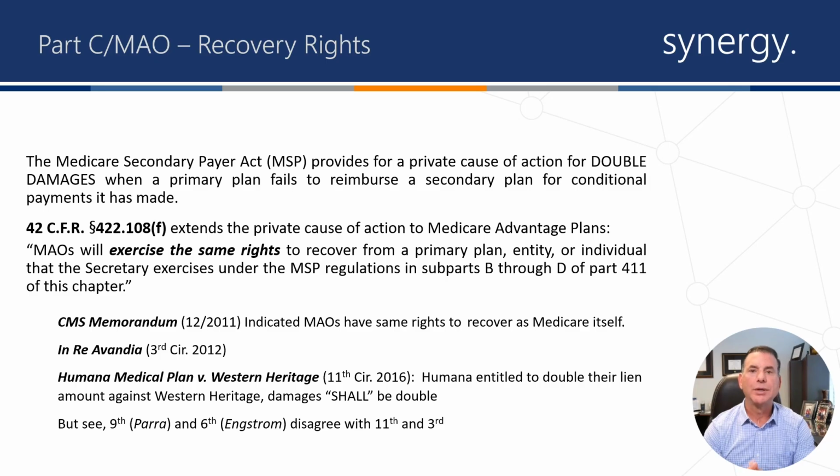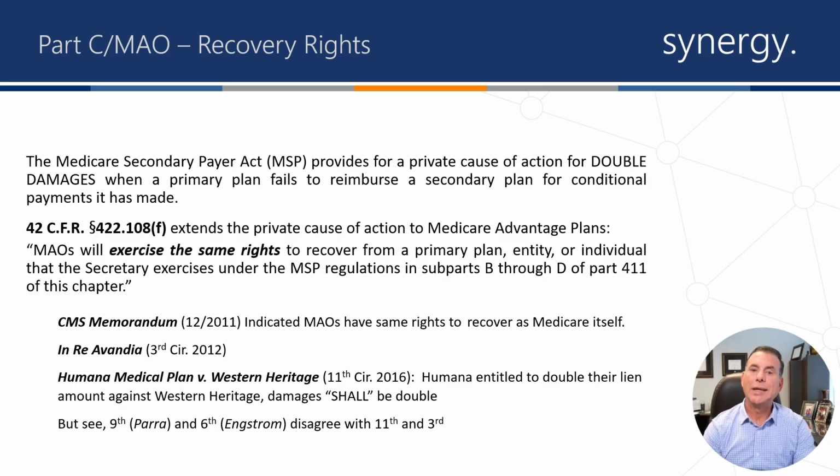So the litigation that's arisen in circuits has been over whether a plan can recover double the lien amount. And so in my home circuit, the 11th, Humana versus Western Heritage is the case where the 11th Circuit said yes, an MAO can recover double.